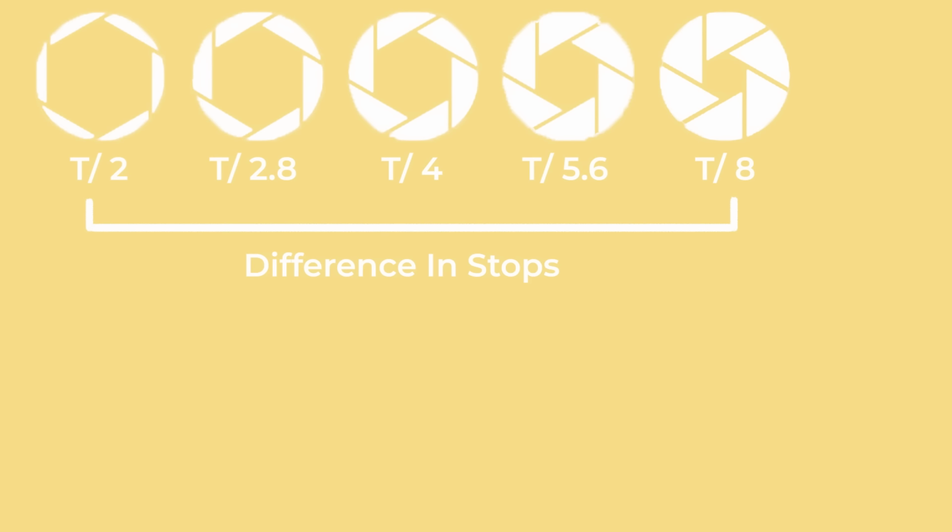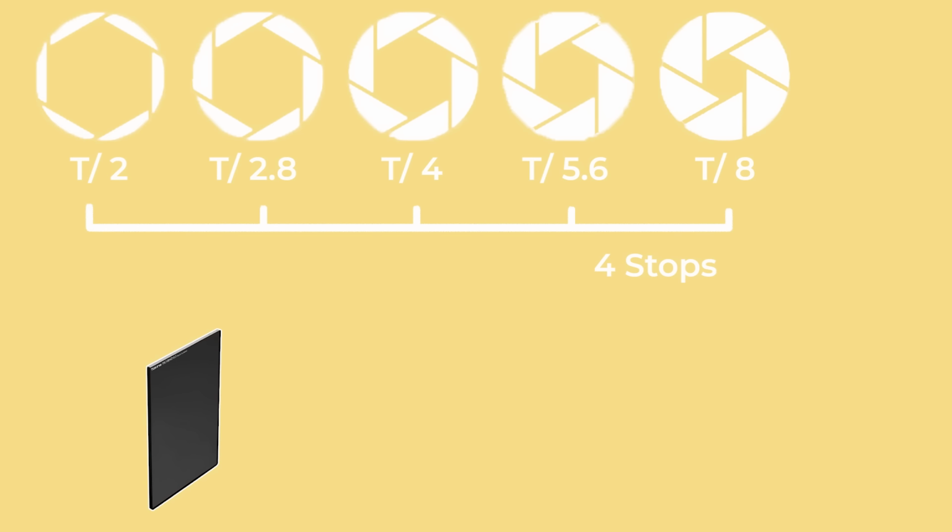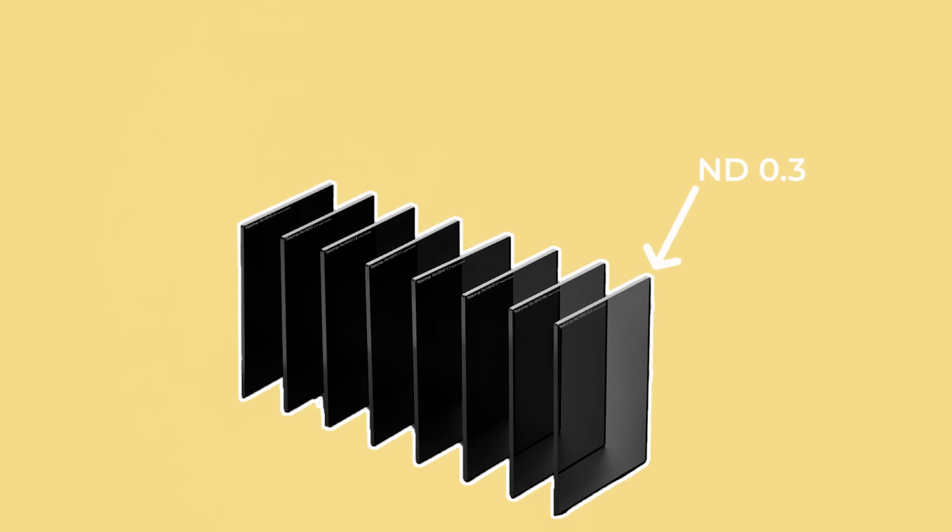You then need to calculate the difference in stops between T8 and T2. 1, 2, 3, 4. This means you need to add 4 stops of ND to get to a shooting aperture of T2. Each stop of ND filter is measured in increments of 0.3. So 4 stops of ND would be ND 1.2.